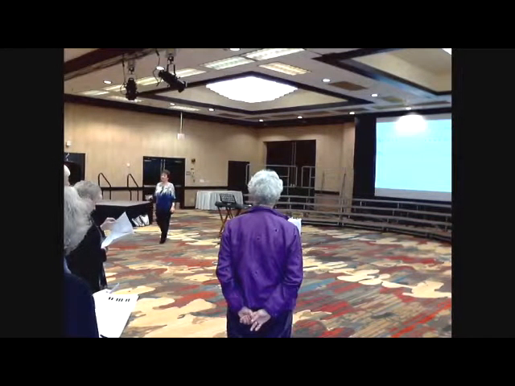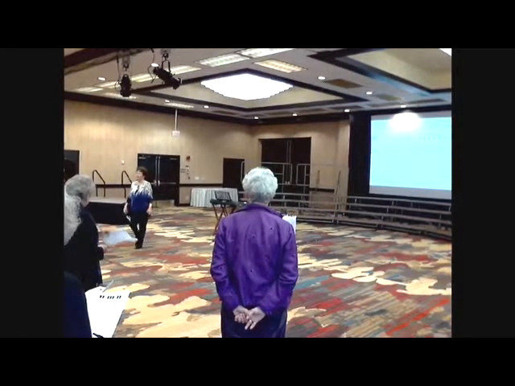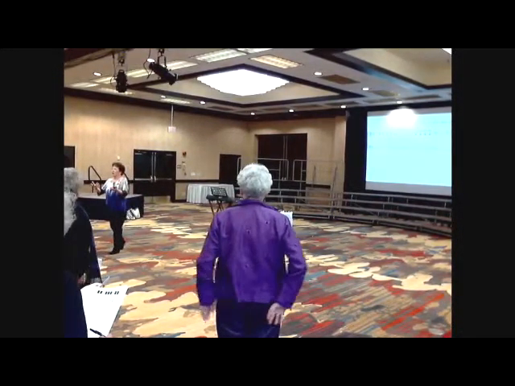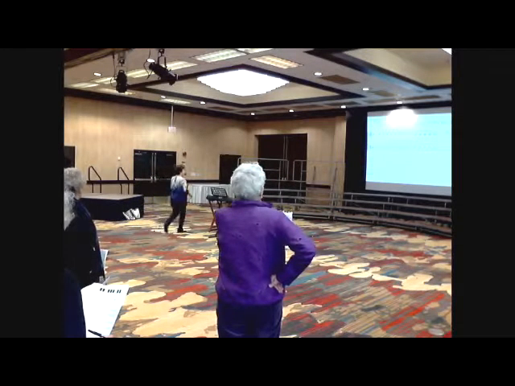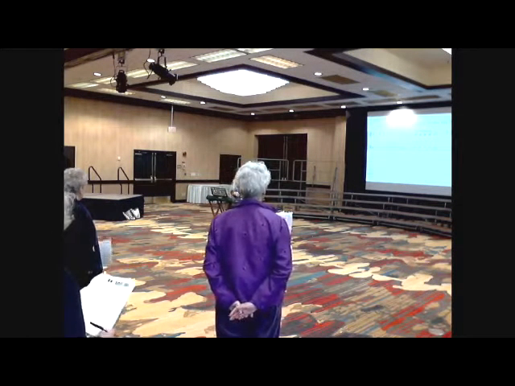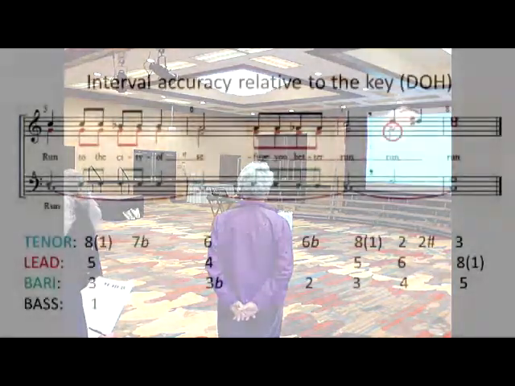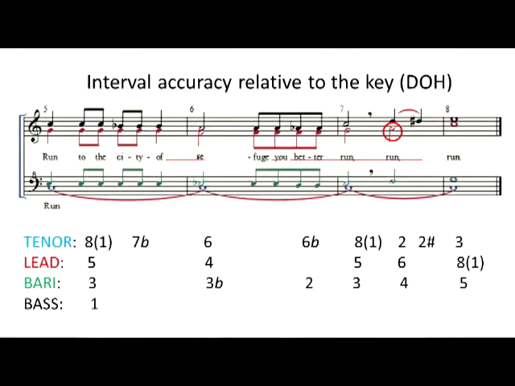Did you find that the octave was easier to get to when you do that? It's like you're on a trampoline, and you're just preparing to jump up to that do. So basses, sing with them. You're going to hold do because everything is relative to do, and I'm not going to play these on the piano anymore because we want to get away from this. So basses. Run to the city of refuge, you better run.